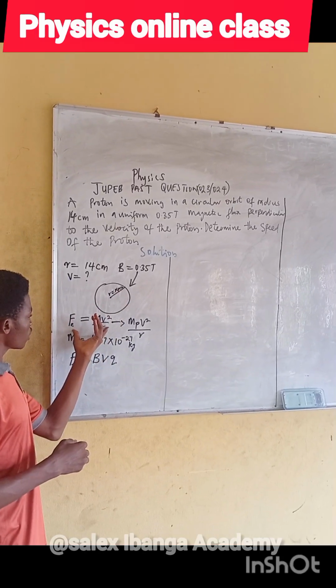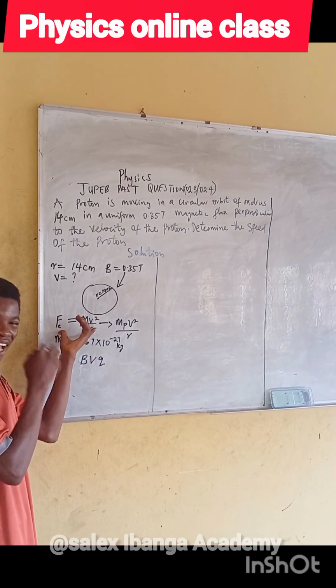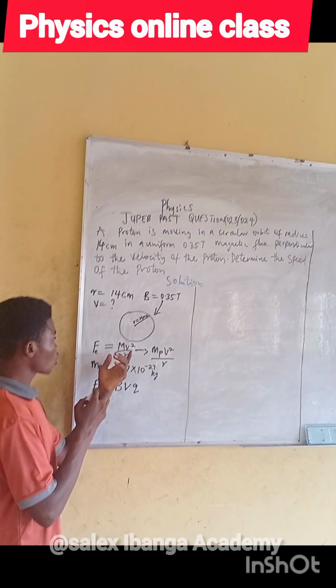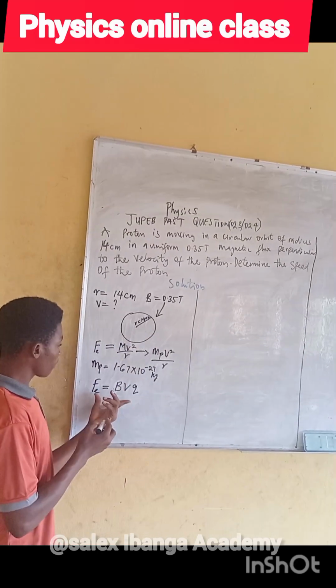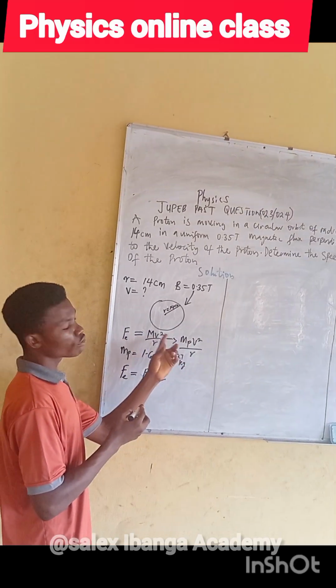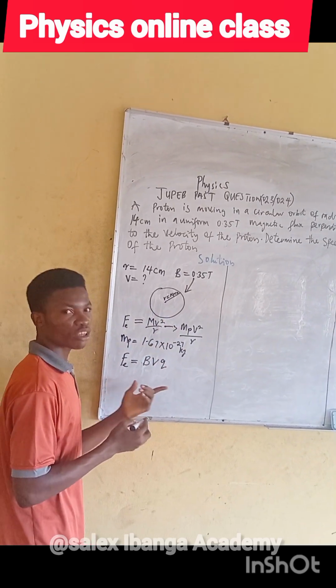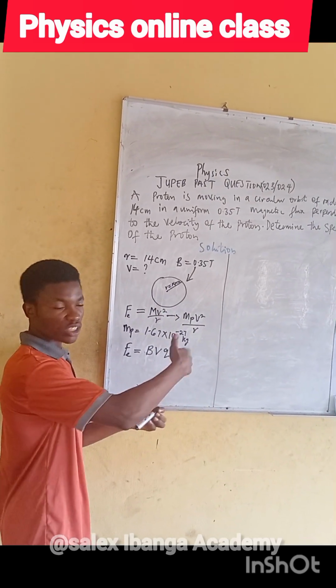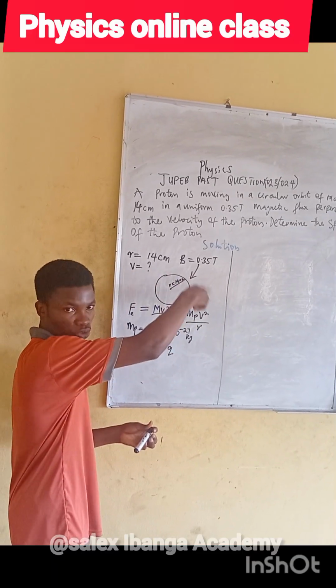This centripetal force is just to act at the center, but this other force is the one that will make the orbit revolve, because it's the force on the charge. Electrons revolve around the nucleus.